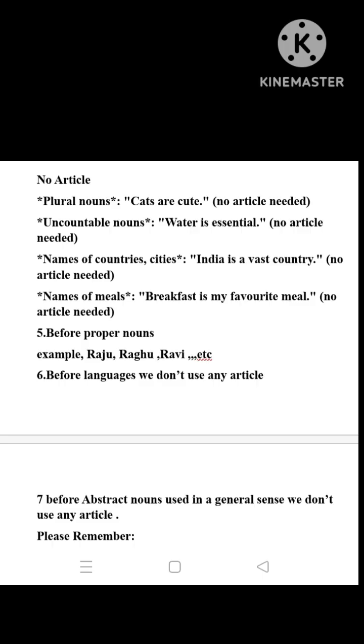No article needed. Names of meals, breakfast is my favorite meal. No article needed. Before proper nouns we don't use an article: not a Raju, not the Raju, just Raju. Not a Raghu, not the Raghu. We don't use any article before proper nouns, or before languages, or before abstract nouns used in the general sense.